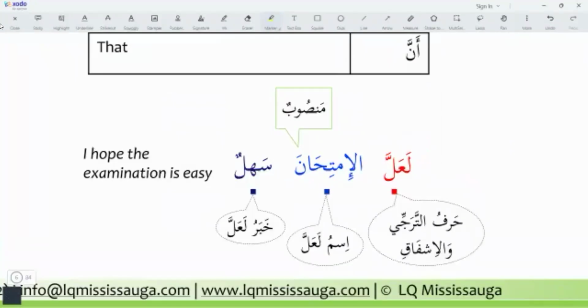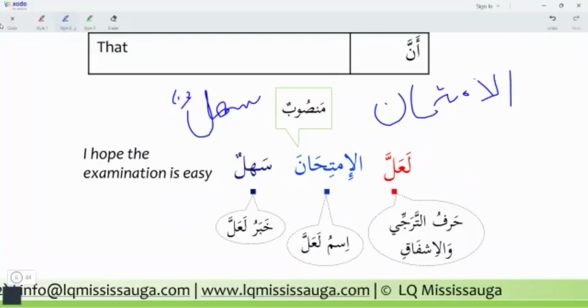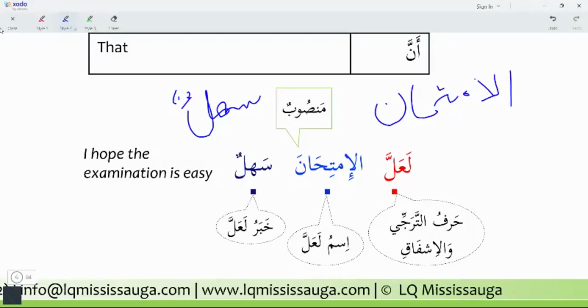Al-imtihanu sahlun. The examination is easy. Al-imtihanu is mubtada and sahlun is khabar.